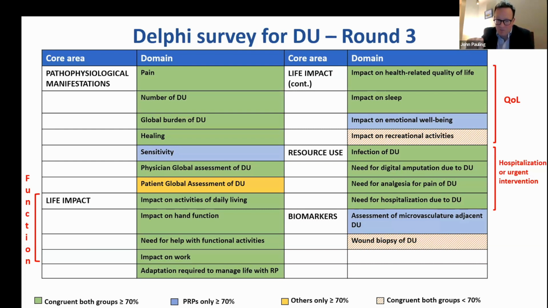Just on the last point around language, we were very careful when we named our domains to make sure there was no ambiguity in terms of what we were trying to capture. When we did the qualitative research, some of the English patients said Raynaud's drives me mad, whereas that term didn't chime with a lot of Americans, who said, no, it doesn't make me go crazy.